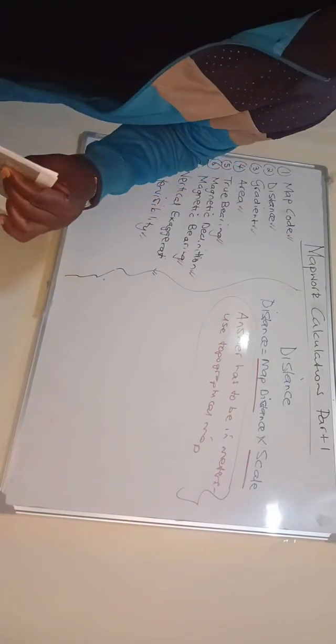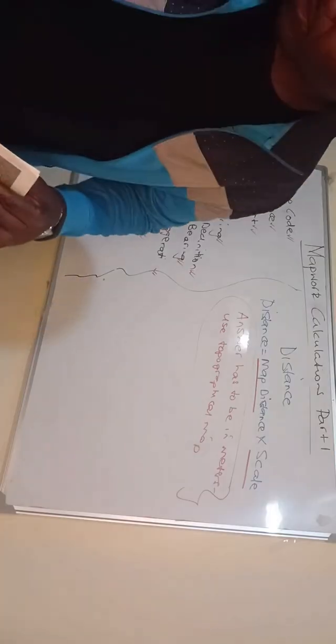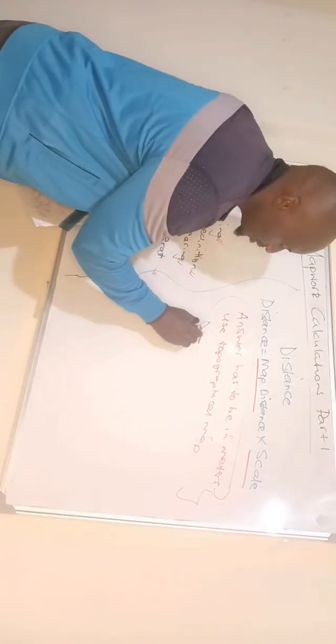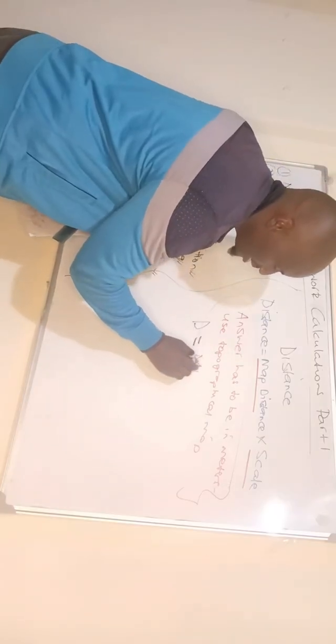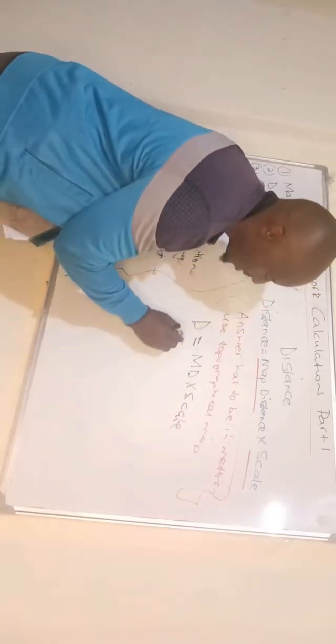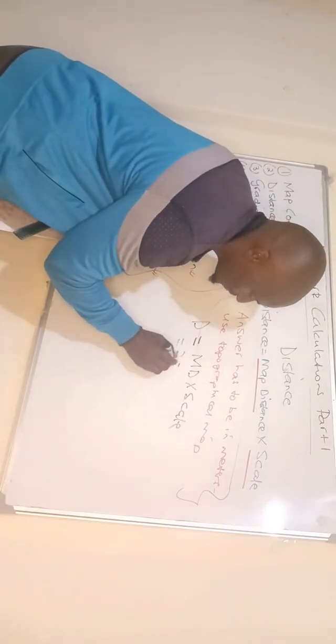Okay. So our distance, which is D, all right, let me write it nicely. Our distance is equal to map distance multiplied by scale. So our map distance, we have it as 2.5 centimeters.